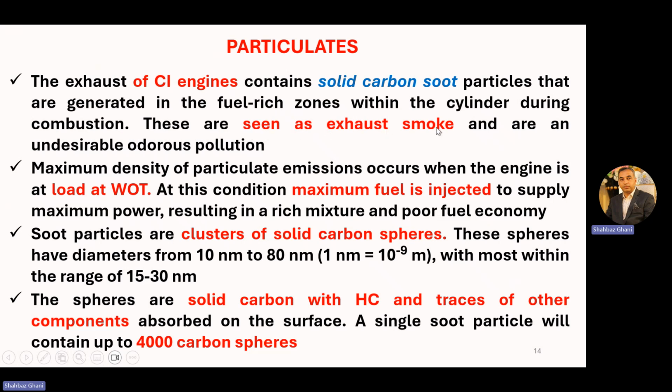These are seen as exhaust smoke and are undesirable, odorless pollution. We have already studied this in chapter 7, on combustion. In CI engines, it is mostly the solid carbon soot that is the end product in the exhaust.